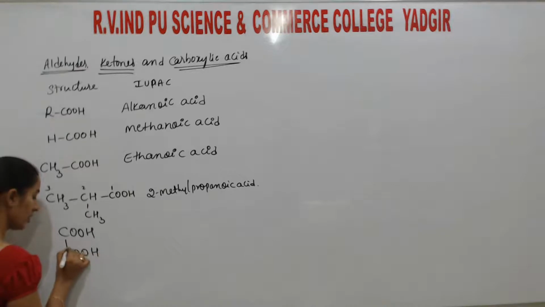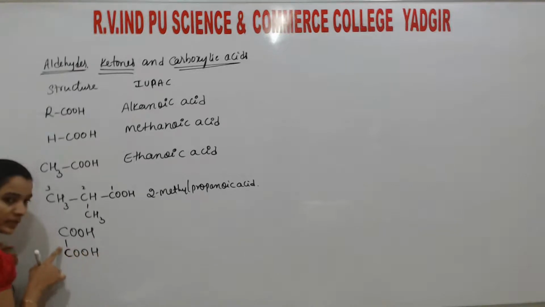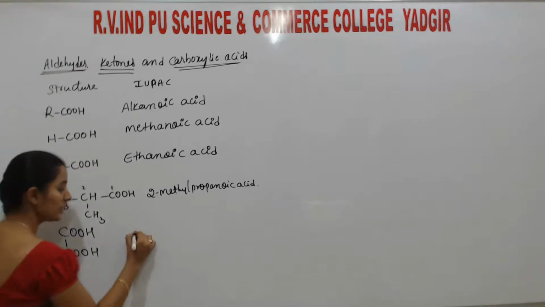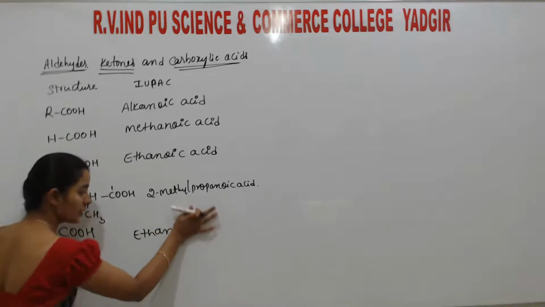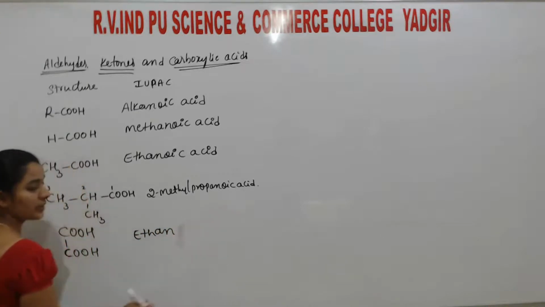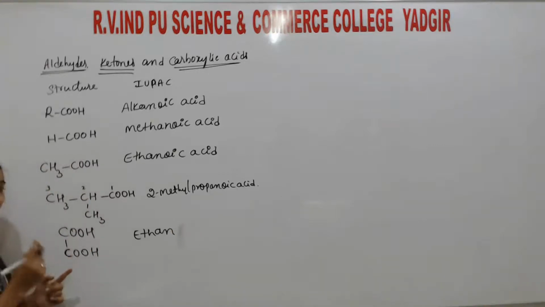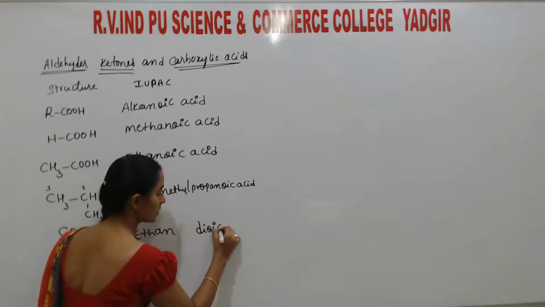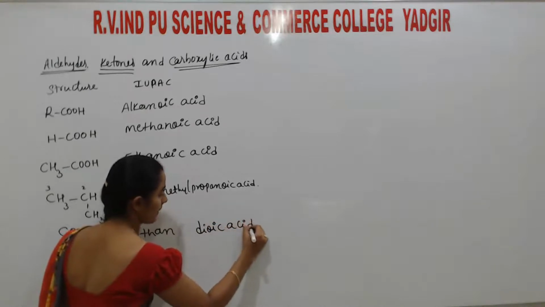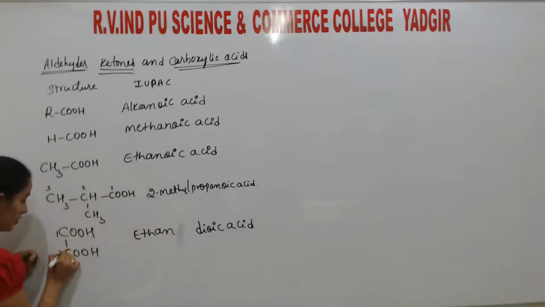Next, COOH COOH. Students, how many carbon atoms are here? 2, that means ethane. The last e is replaced by carboxylic acid. How many groups? 2. That is dioic acid. What is the position? 1 and 2.